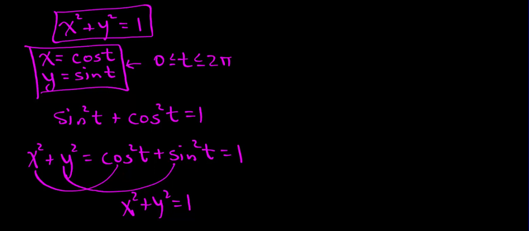Now, you could do that. Let's suppose we have this set of parametric equations: x equals secant t and y equals tan t. Now, here we have secant and tangent together, and we remember there is a Pythagorean identity that has those two functions in it.